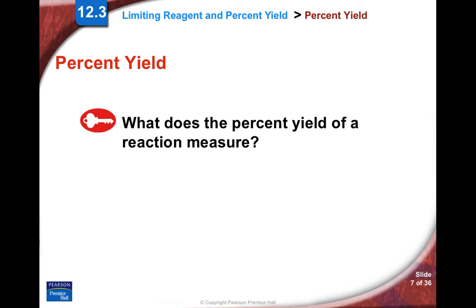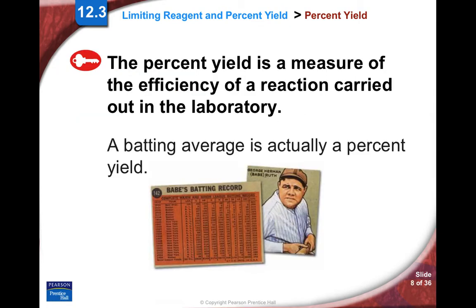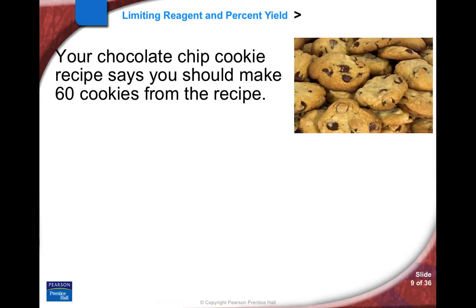Right, the other thing that's really important is percent yield. Percent yield is how we measure how efficient the reaction is, how much of it you have to actually do to get the desired amount. Most of the time, when you cook, some of you have probably experienced this, if you're making chocolate chip cookies, recipes, I don't know how they do it, they always call for more cookies than you can actually get.